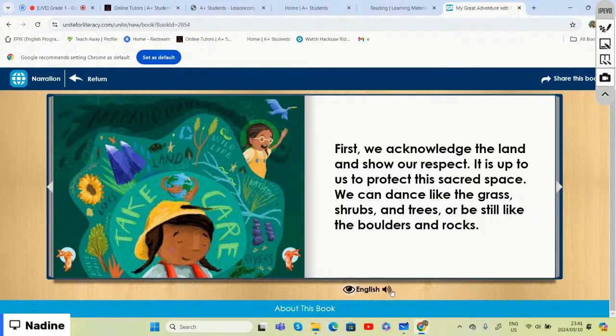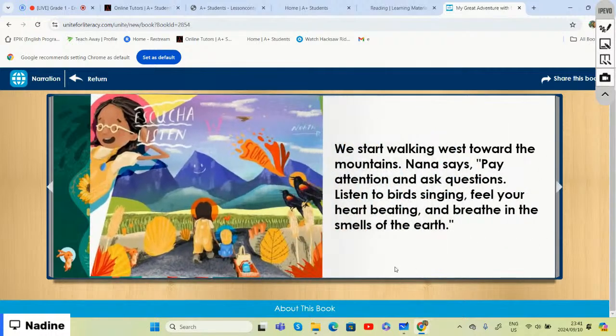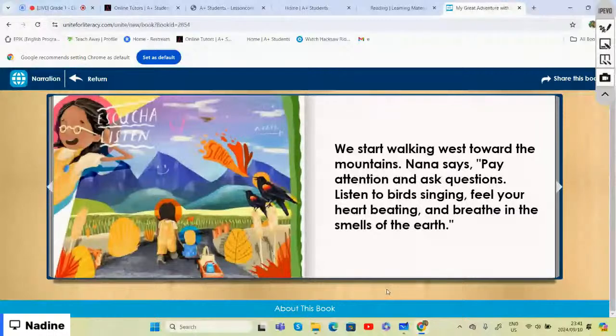First, we acknowledge the land and show our respect. It is up to us to protect this sacred space. We can dance like the grass, shrubs, and trees, or be still like the boulders and rocks. We start walking west toward the mountains. Nana says, "Pay attention and ask questions.